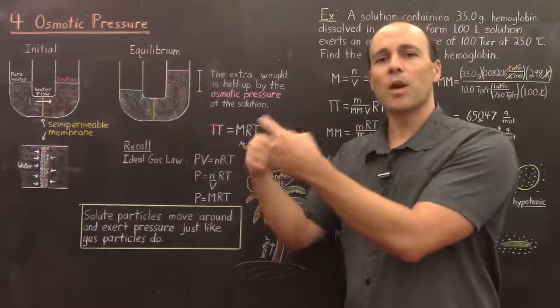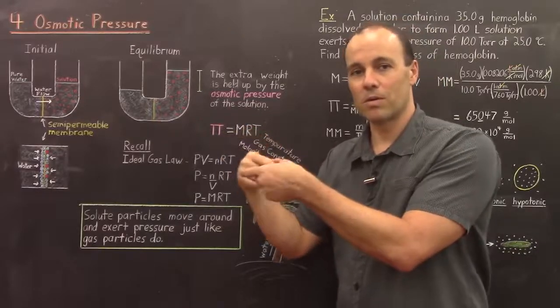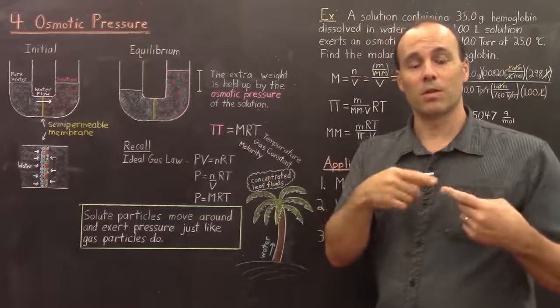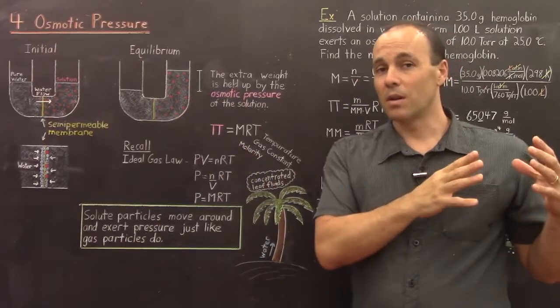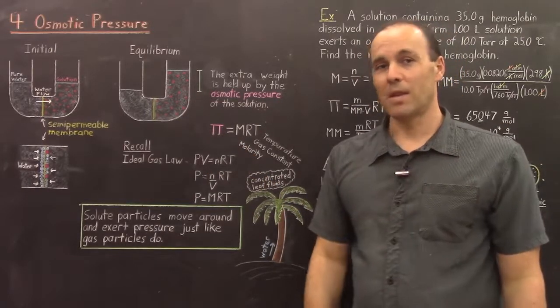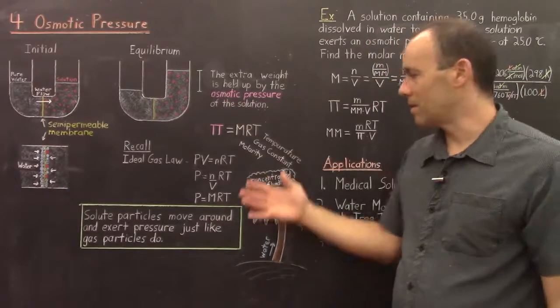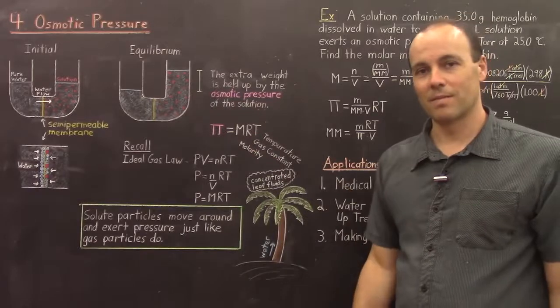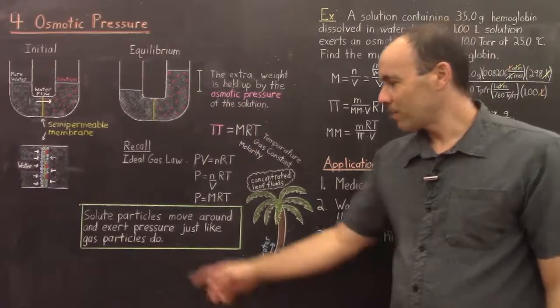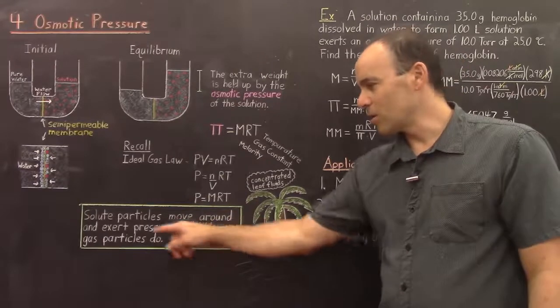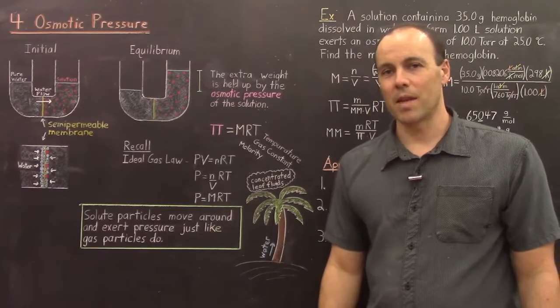And so the pressure exerted by solute particles on the walls of their container would be similar to the pressure exerted by the gas particles on the walls of their container. That's why these equations are very similar. In fact, they're basically equivalent. Solute particles move around and exert pressure just like gas particles do. So that's the take-home message here.